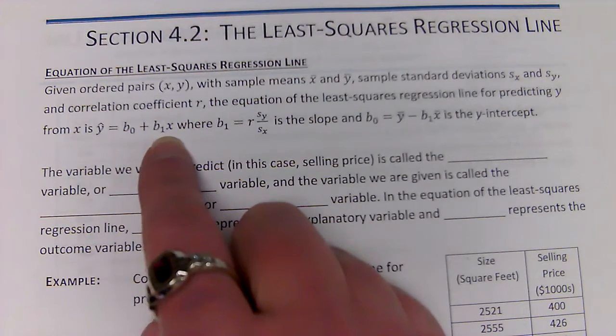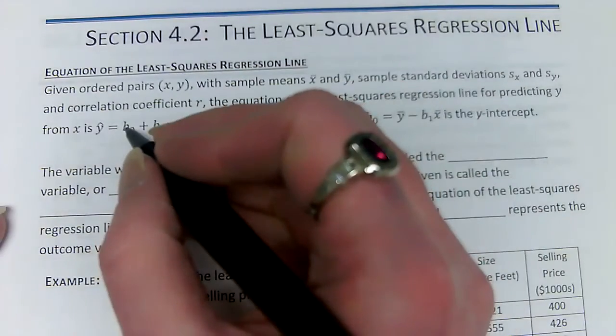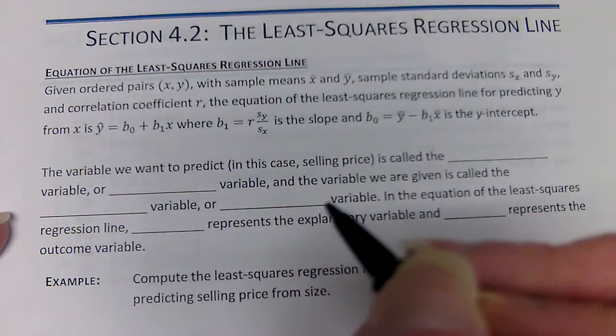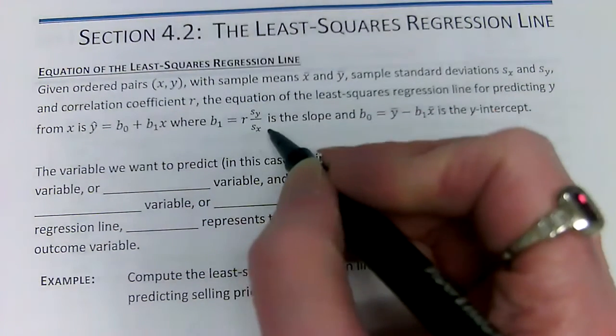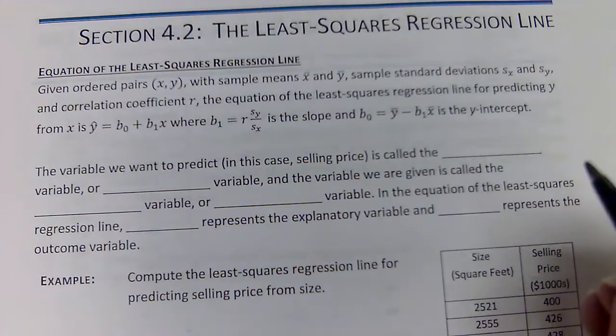And they tend to write it in the form where the Y-intercept is B sub 0 and B sub 1 is the slope. And so we have this nice formula for finding the slope and a formula for finding the Y-intercept.